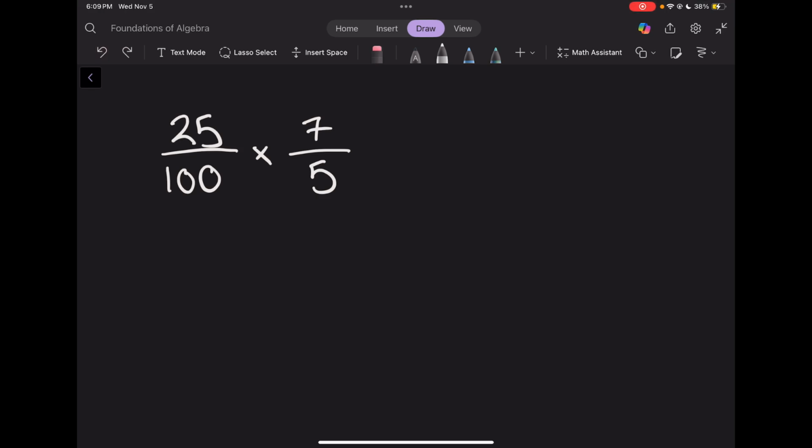There's nothing stopping me. However, I can make this problem easier by doing cancellation. So what does that look like? Well, this is divisible by 5, and this is divisible by 5. And I can only do this diagonally. I can do the same thing diagonally this way, but not in this problem, because 100 and 7 share nothing in common, but 25 and 5 do.